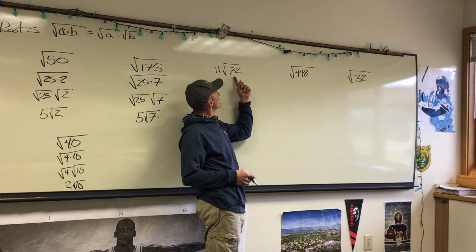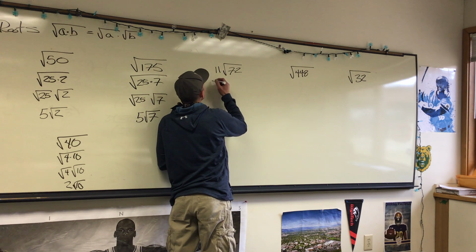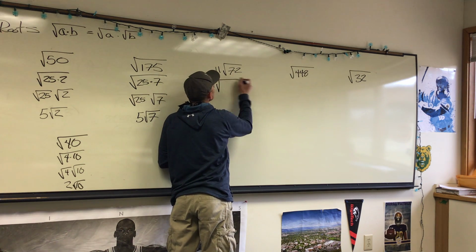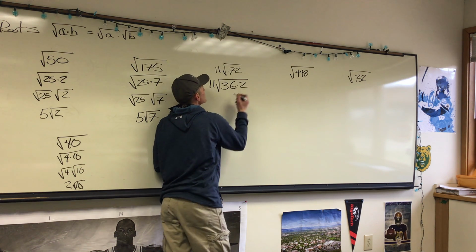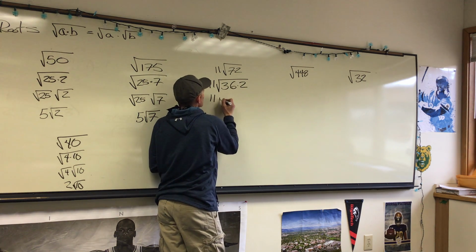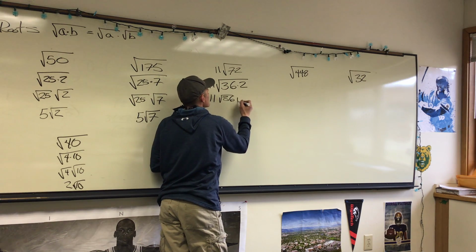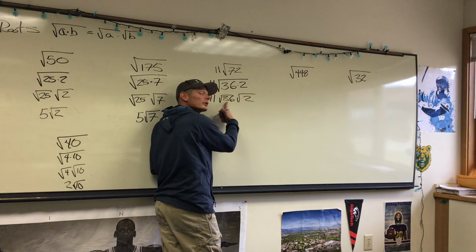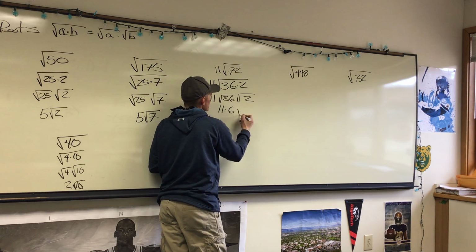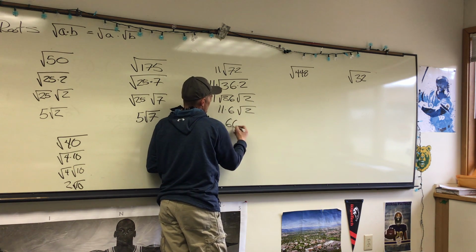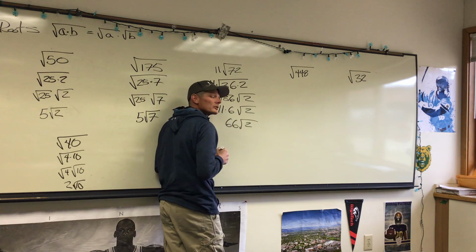It does. 11 times the square root of 72, but that's the same as 36 times 2. Or 11 times the square root of 36 times the square root of 2. What is the square root of 36? 6. So we have 11 times 6 times the square root of 2, or 66 square root of 2.